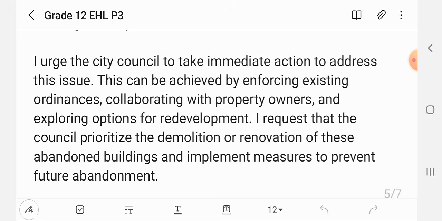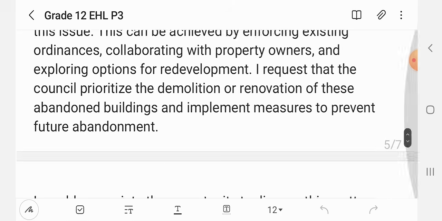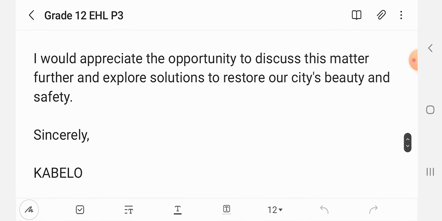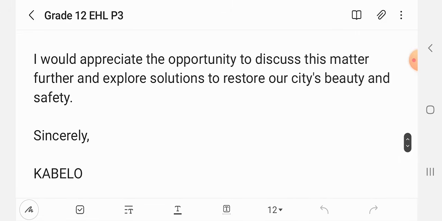So in the letter, you talk about the dangers of the problem, and you also try to give the solution. I would appreciate the opportunity to discuss this matter further and explore solutions to restore our city's beauty and safety. Sincerely, you write your name. Okay? And sign underneath because it's a formal letter.